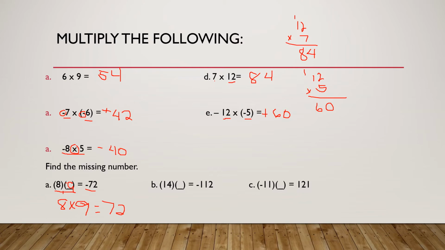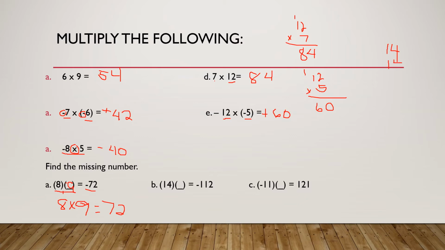Next, we have here 14 times blank equals negative 112. So, what do you think is the answer? We know that we need the number that, when multiplied, gives 112. How are you going to do that? If you do not know, you can have 14.